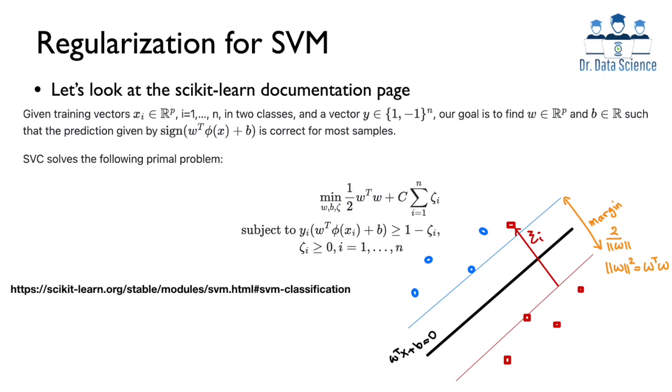But the part that is about regularization is this term, C times the sum of the ξi. And the ξi here show you the violations of this classification rule, right? So you can see that there's one red square, which is on the wrong side of this line.